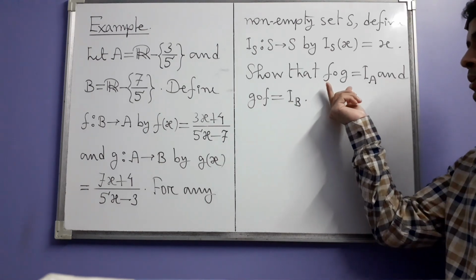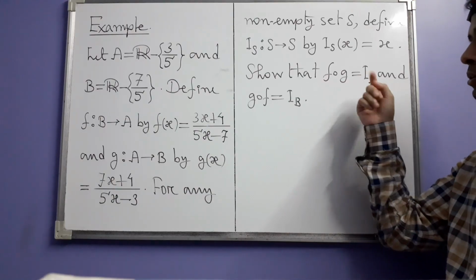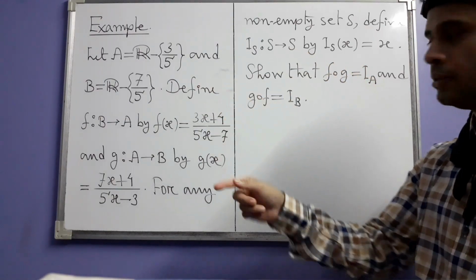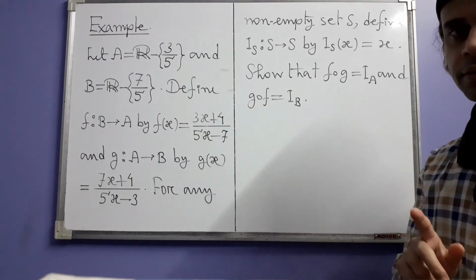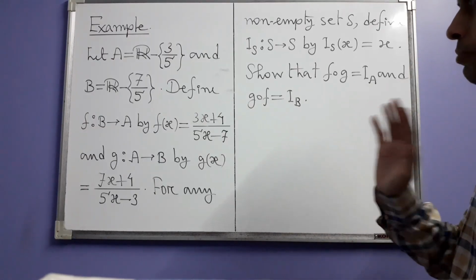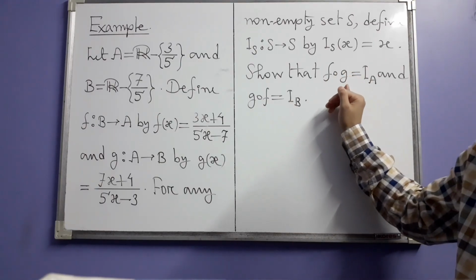Now, this is what we have to show. We have to show that f composition g equals the identity function on A, and g composition f is the identity function on B. You see, one thing is immediately clear. What is the domain of f composition g?